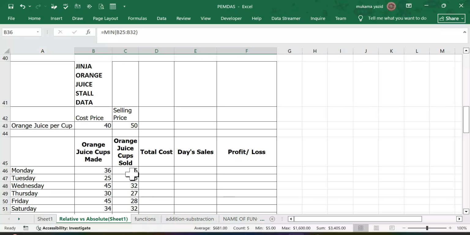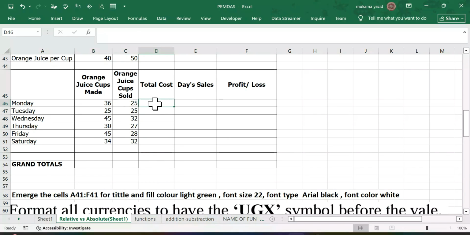So the selling price is this. If you want to get the total cost, the total cost is the amount we used to make, that is our capital. We just say the total cost equals the cups we made times the cost for one cup.